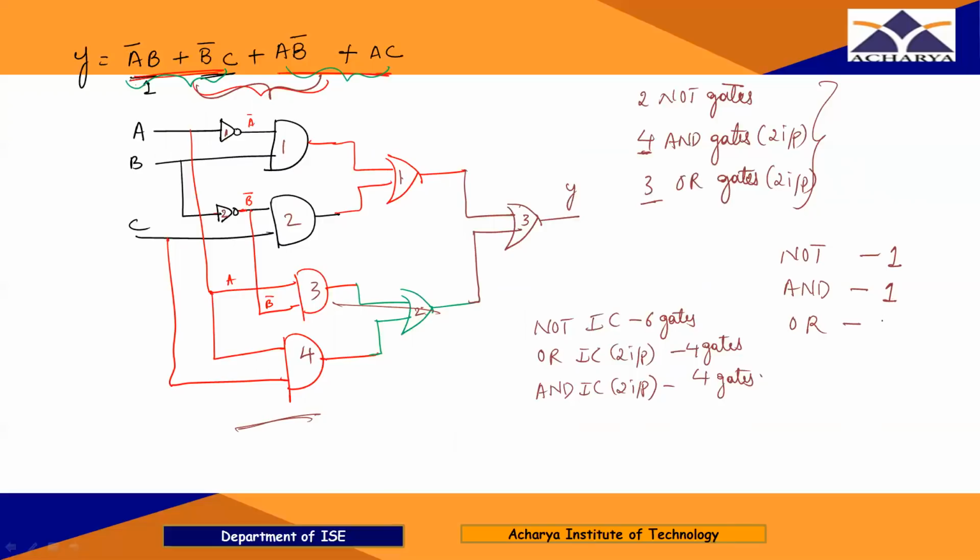So out of 4 I am going to use only 3. So how many ICs are required? Only 1. So here 3 ICs are required. One is the NOT gate IC, that is 7404, one AND gate IC, 7408, and one OR gate IC, that is 7432, right? So this is how you have to find out how many ICs are required.